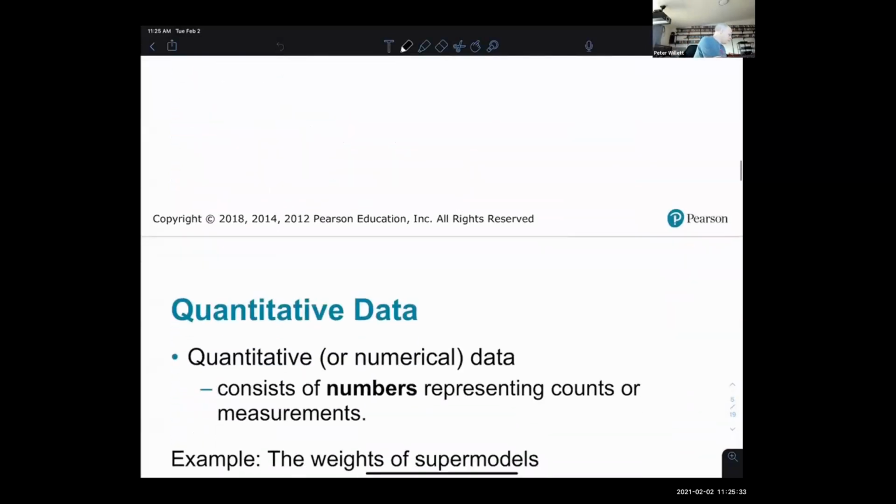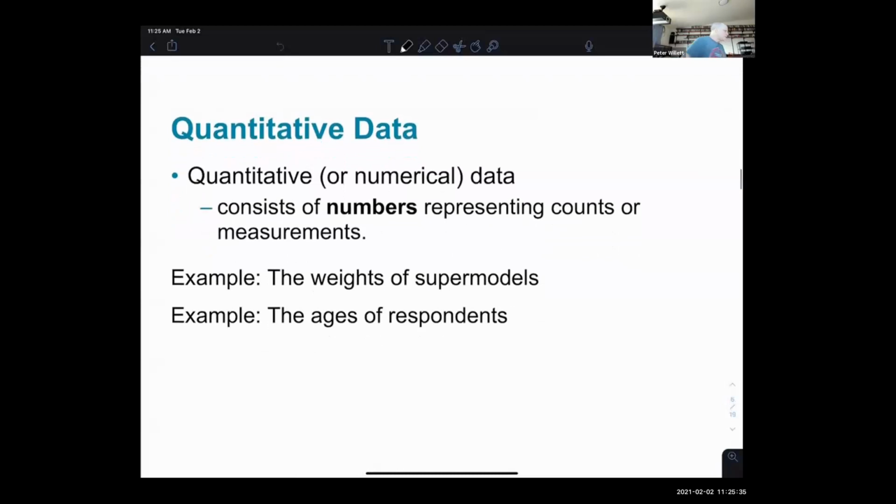All right, moving forward, and it starts to get worse. All right, so we were just noticing that in the parameter and statistic, it did say numerical. And so a name specifically for numerical data is quantitative. Quantitative or numerical data consists of numbers representing counts or measurements.